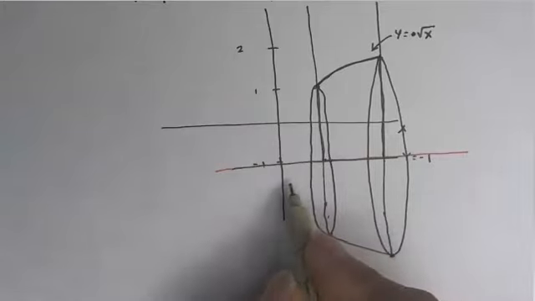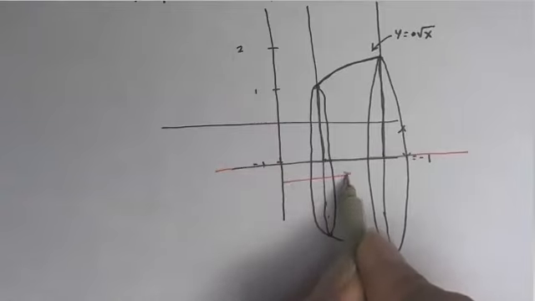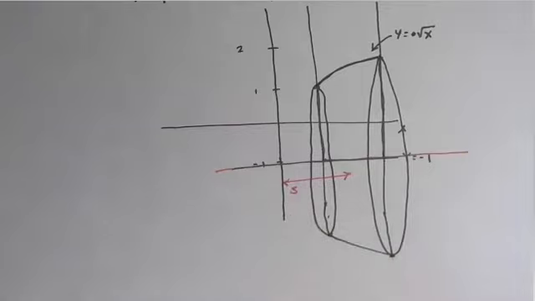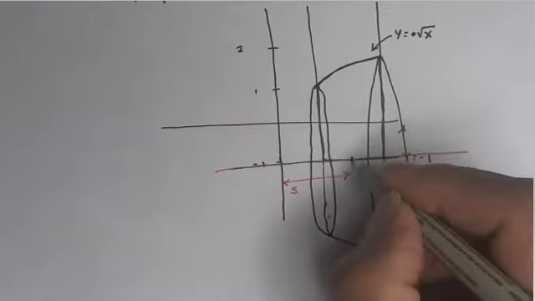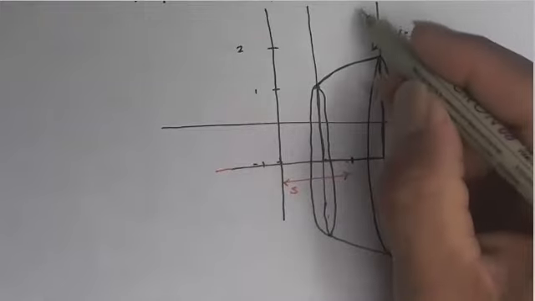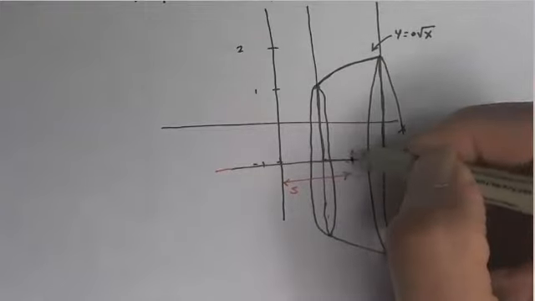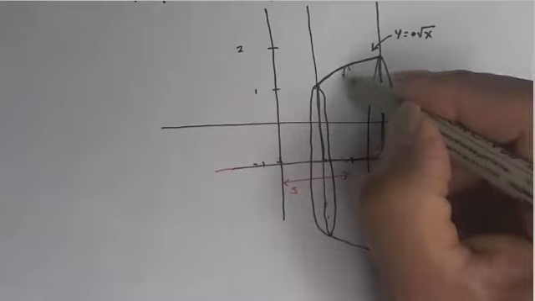You pick a variable s that goes along the rotational axis. So here's s. For a fixed value of s, you find the cross section perpendicular to that value of s, which is this.